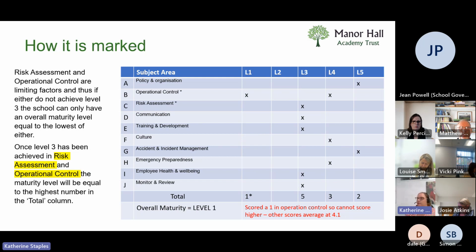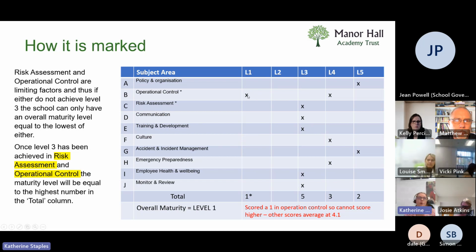We've then got operational control and risk assessment. Now, I've put a star next to these because if a 3 isn't achieved in operational control and risk assessment, the school will only be as good as scored on what it is. So you can see here that the school have scored a 1 in operational control here.